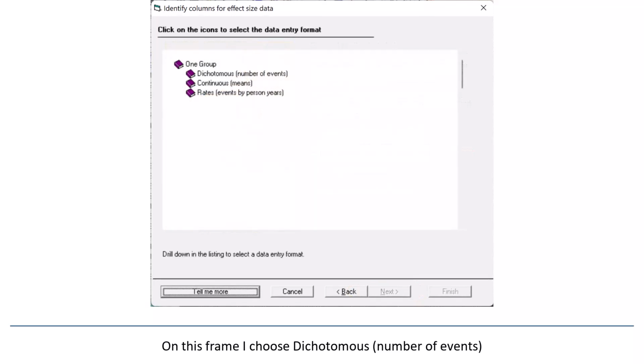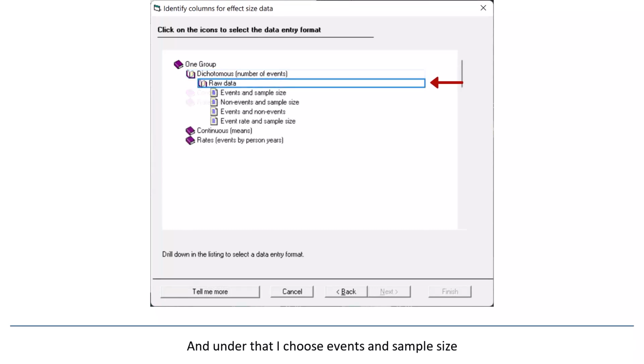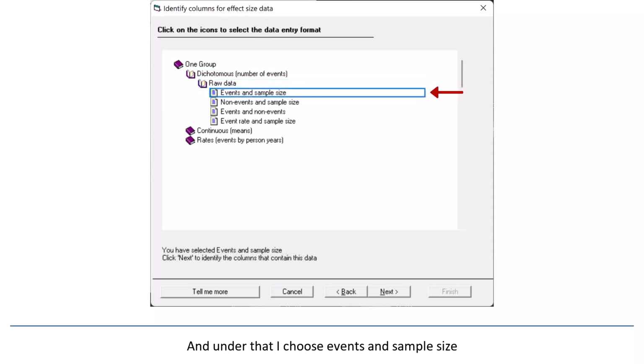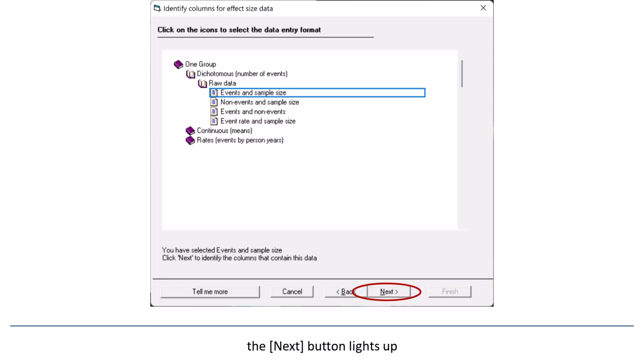On this frame, I choose dichotomous number of events because I'll be looking at the number of events. Then I choose raw data, and under that, I choose events and sample size. If I were inserting these columns, the Finish button would light up. Since the columns already exist and I need to match each column with its function, the Next button lights up.